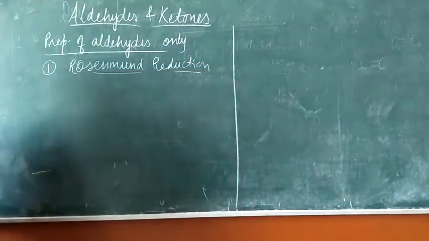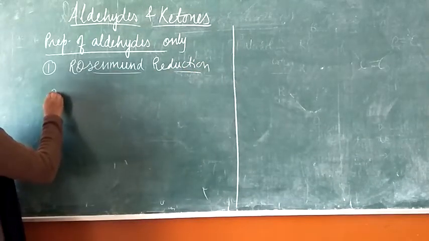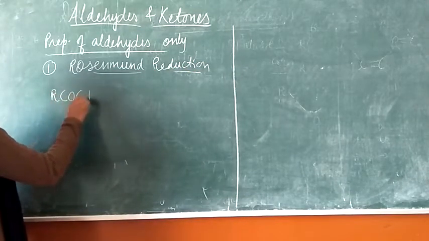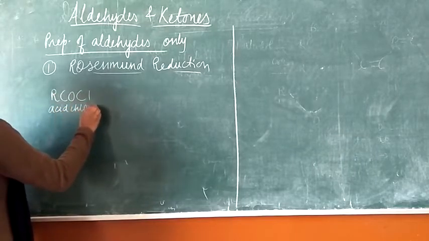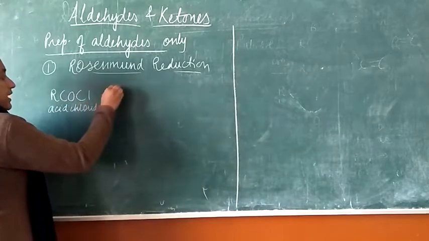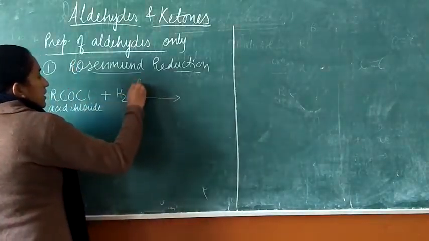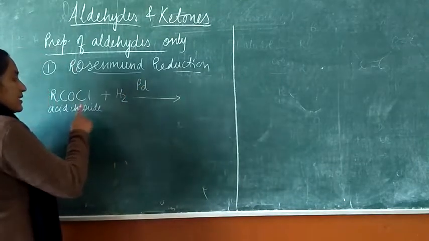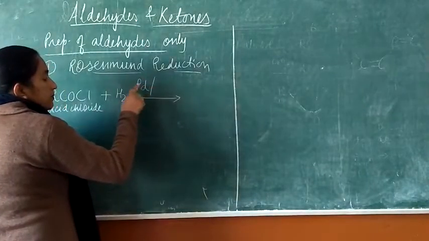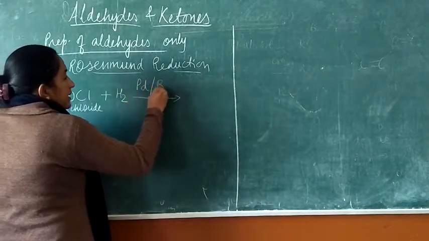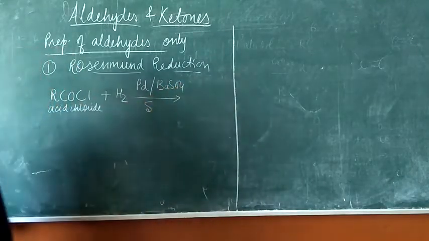So here, students, Rosenmund reduction. The reactant is acid chloride, RCOCl. Now it undergoes reduction when hydrogen gas is treated with RCOCl, acid chloride, in presence of palladium dissolved in barium sulfate and poisoned by sulfur.